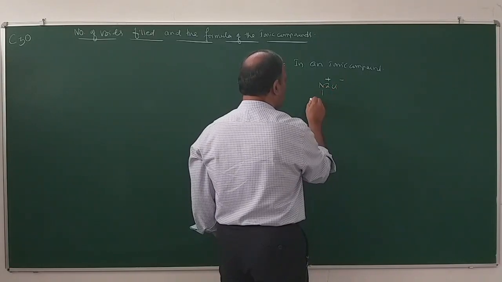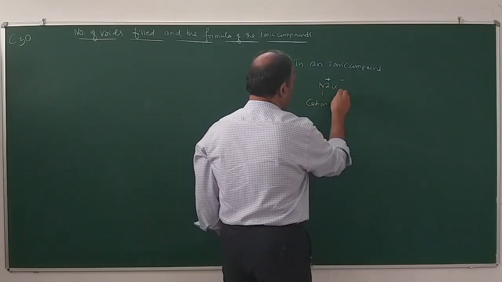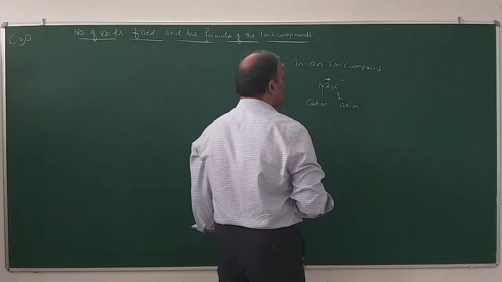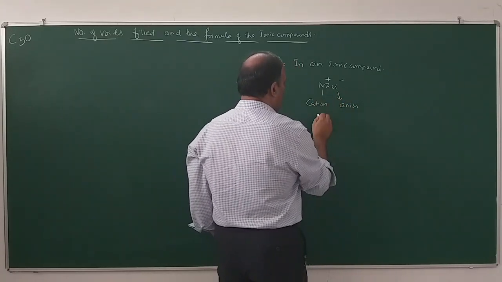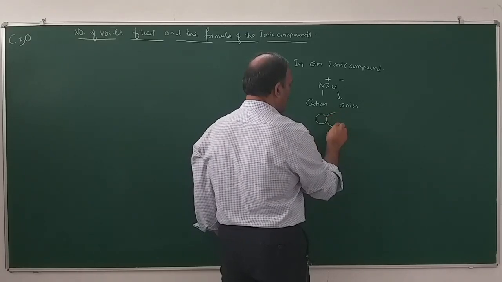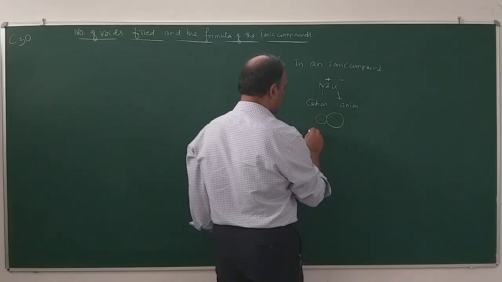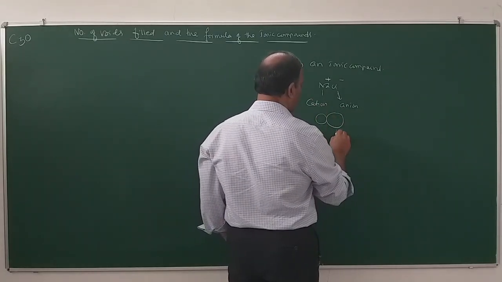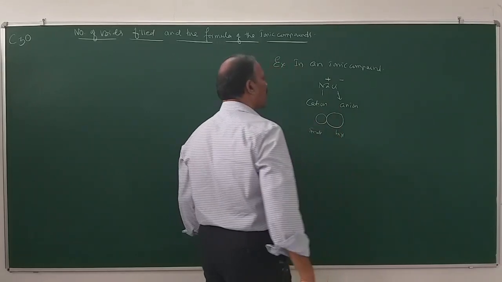Na plus ion is called cation, Cl minus ion is called anion. So here cations are small when compared to anions. Cations are small, anions are big.